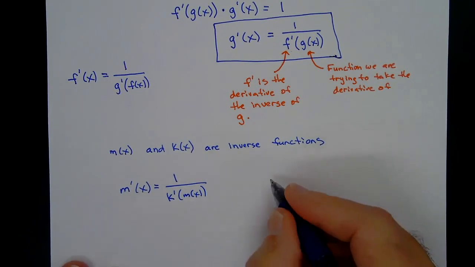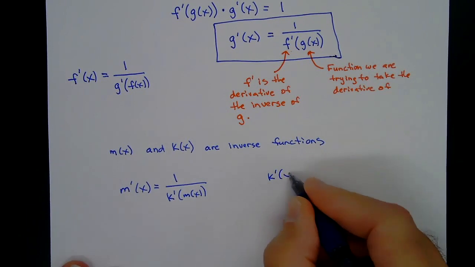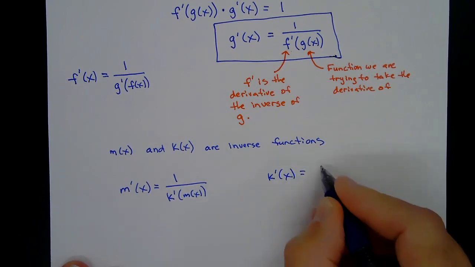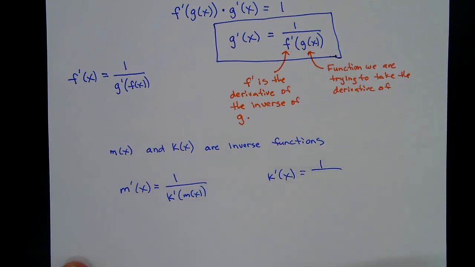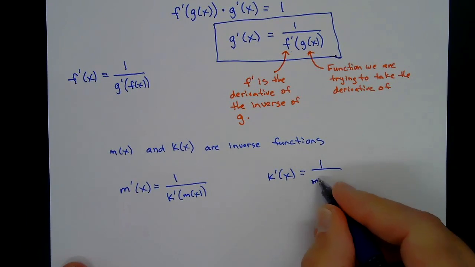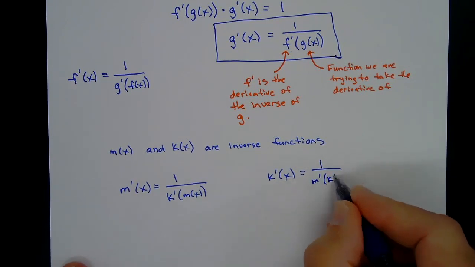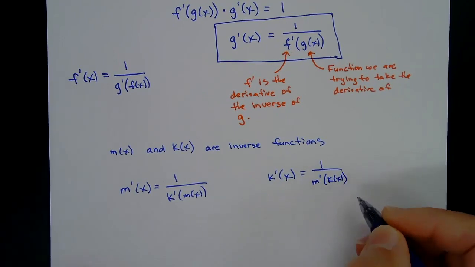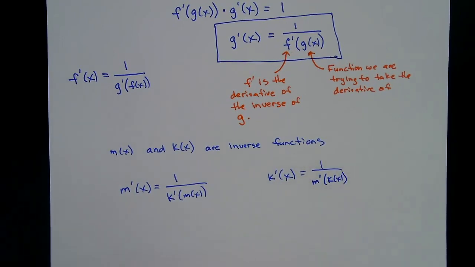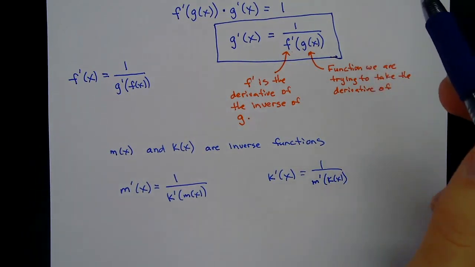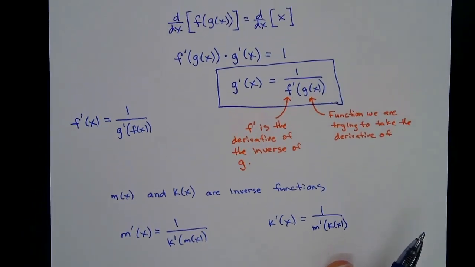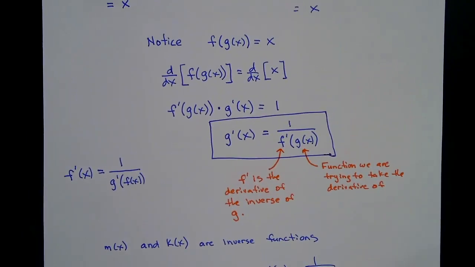Okay, so what's the derivative k prime of x? Well, k prime of x would be 1 over, and what's the inverse of k? Well, it's m, so this would be m prime of k of x. And this is just a way to help you remember how it's placed. But if you happen to forget this, you can always come up with it.